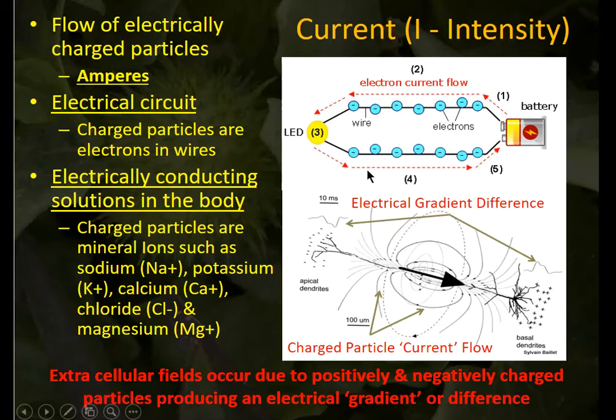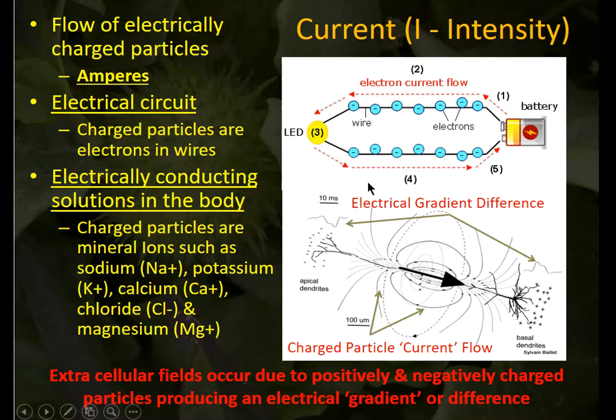This flow of electrons is measured in amperes, as I mentioned, and so that's the second component of the electrical current measurement, or electrical circuit measurement, which is voltage and amperes.